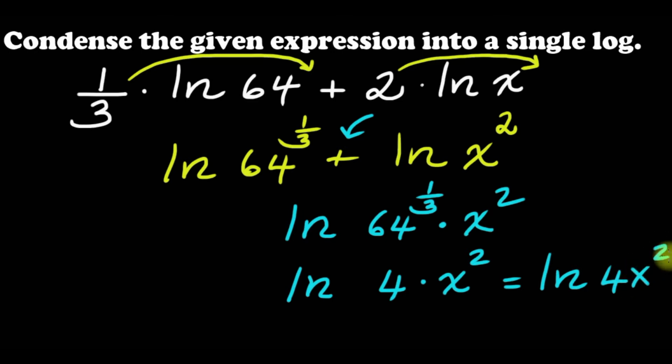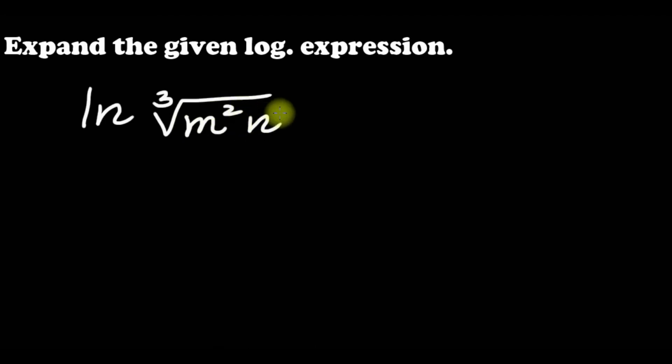So next we're going to expand the given log expression. We are given here ln of cube root of m squared times n. We have to expand this. First thing I'm going to do is rewrite cube root in terms of the exponent.